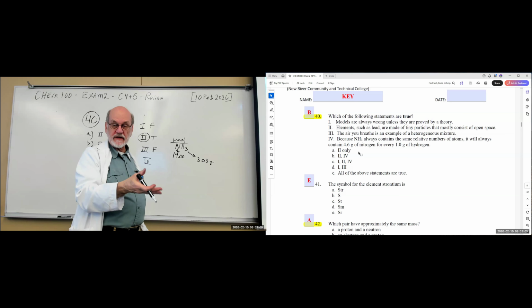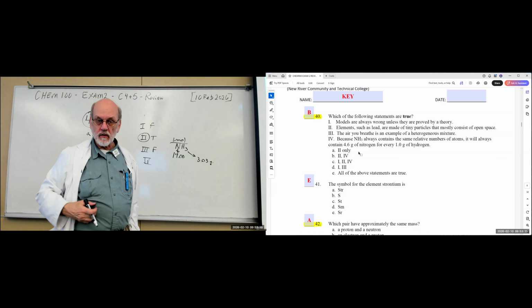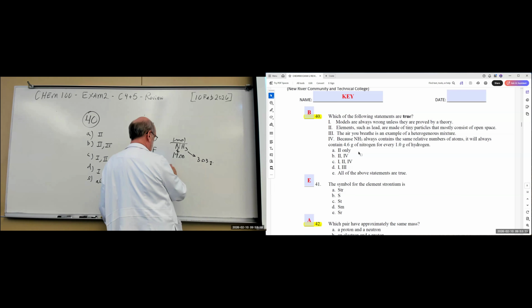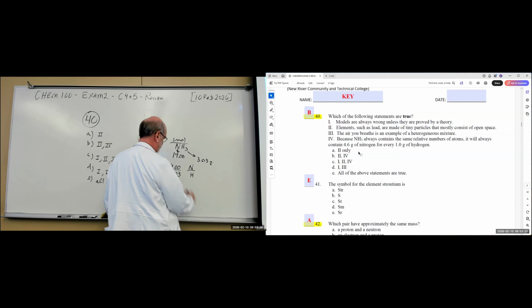Because 3 times 1.01, right? There are 3 hydrogens, so it's 3.03 grams. Now, what's the ratio? Well, we want to make this 1. So if we put 14 divided by 3.03, then that'll give the ratio of nitrogen to hydrogen. Grams.